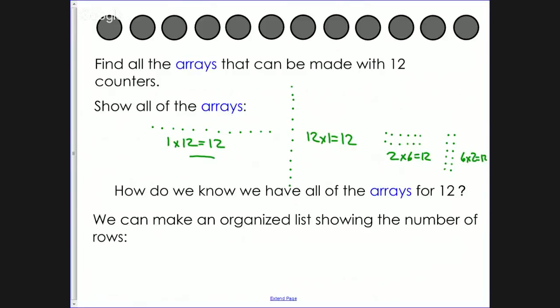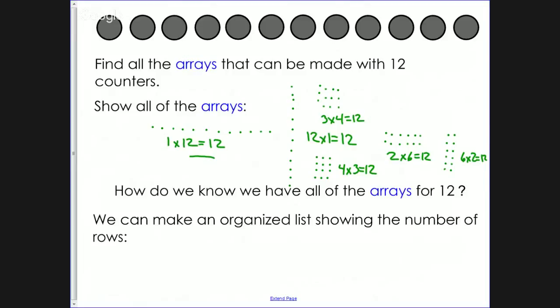We also could have 3 rows with 4 in each. Sorry, they're not lined up, once again, our smart board is a little off, and that would be 3 times 4. And we can have the reverse of 4 rows with 3 in each. And then we would have 4 times 3 equals 12.